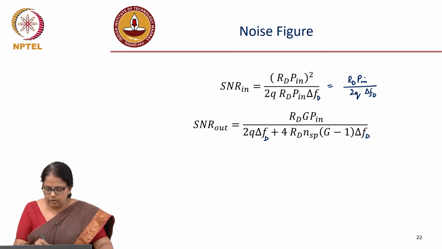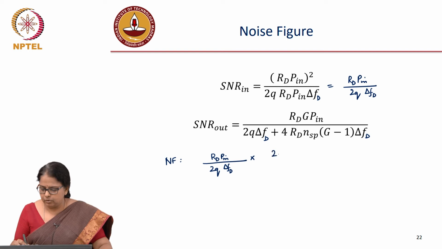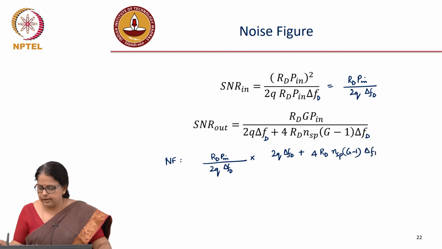So, noise figure will be R_D P_in divided by 2q delta f_d, multiplied by 2q delta f_d plus 4 R_D N_SP (G minus 1) delta f_d, divided by the whole divided by R_D G times P_in.